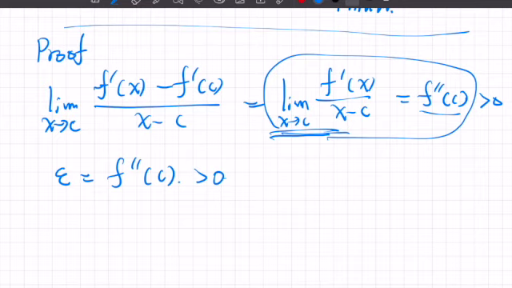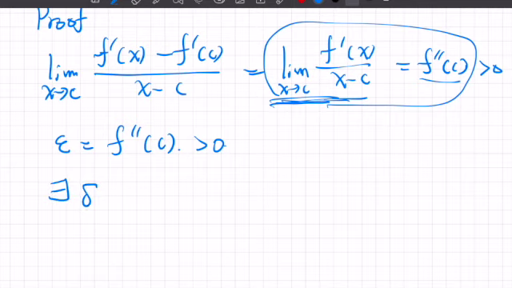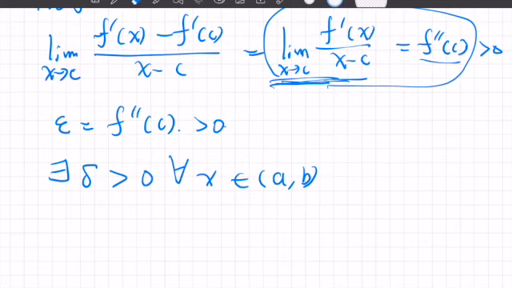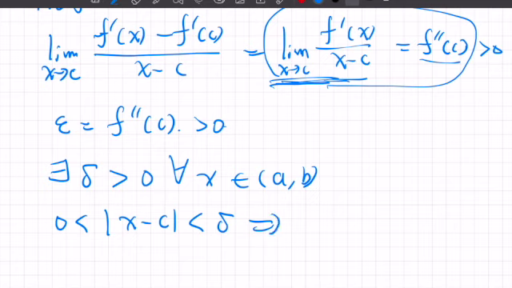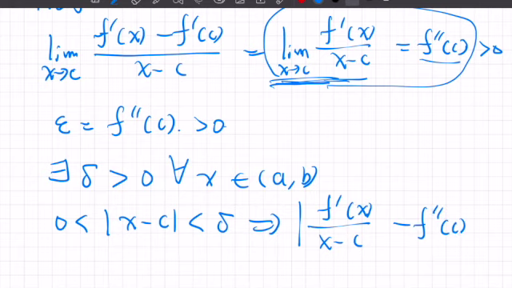So since this limit is assumed to exist, there should be a positive real number delta such that for all x in the domain of this function, |x minus c| less than delta implies the difference between f prime of x over x minus c minus f double prime of c is less than epsilon.